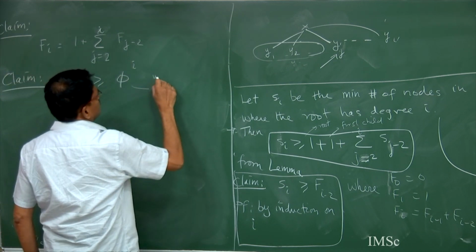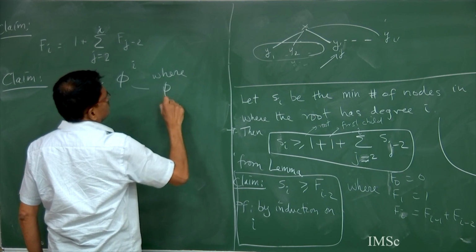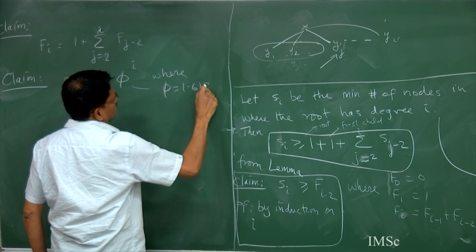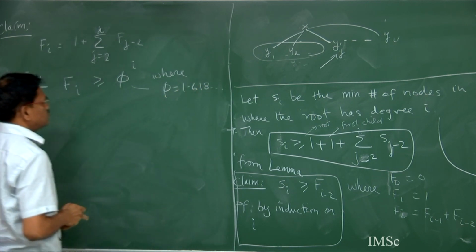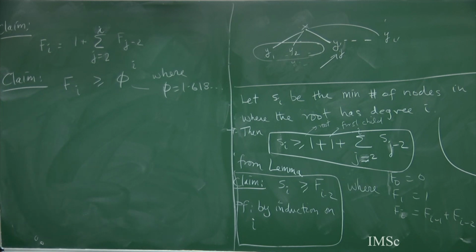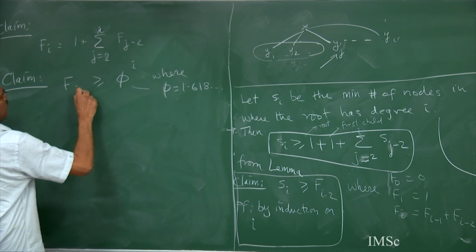Where phi is this golden ratio, right? I think I want to see this.